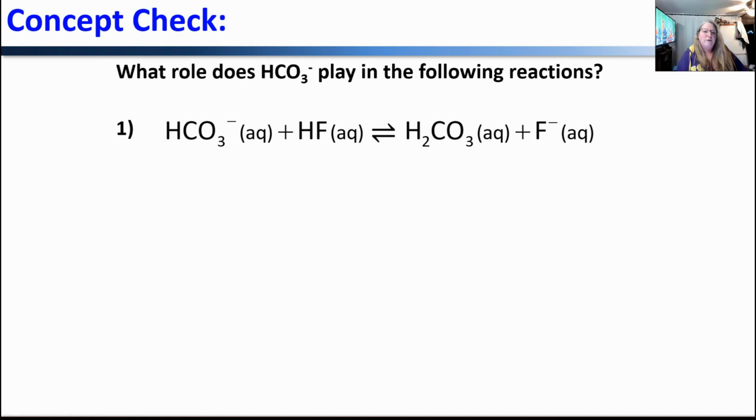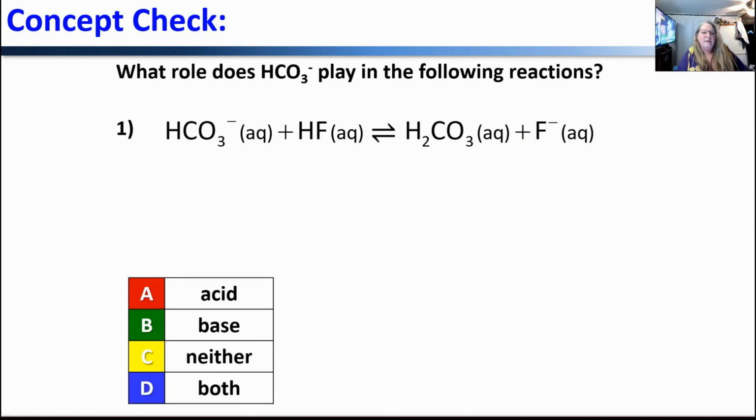What role is HCO3 minus playing in this reaction? Do you think it's acting as the acid, the base, or neither? Okay, so let's see. On this side of the reaction, I have 1 proton. On this side of the reaction, I have 2. So that means I am accepting a proton.